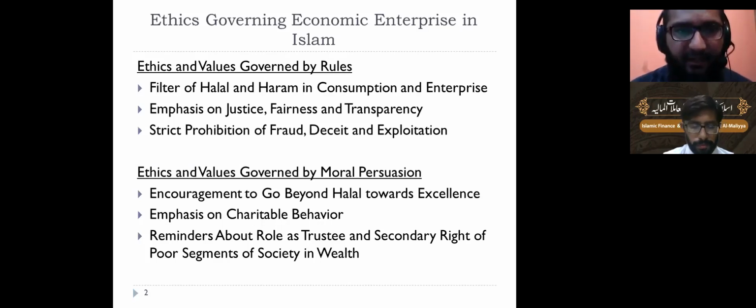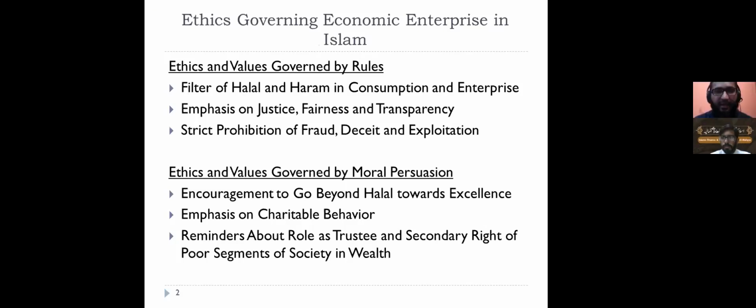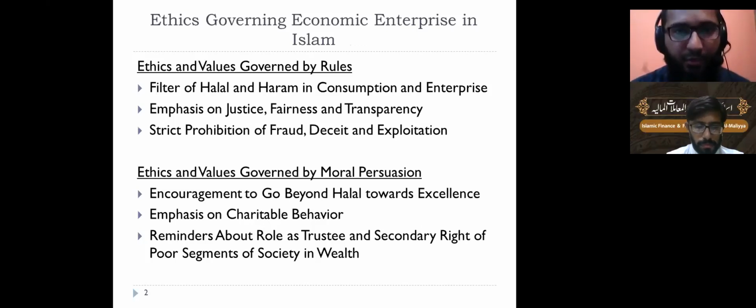Secondly, there is emphasis on justice, fairness, and transparency. It's not enough that we engage in halal transactions but do not abide by the rules of justice, fairness, and transparency. So Islamic finance is not just prohibiting one or two elements.